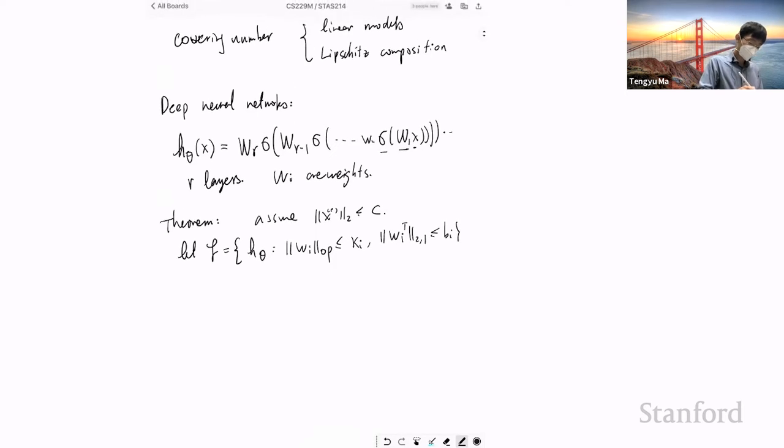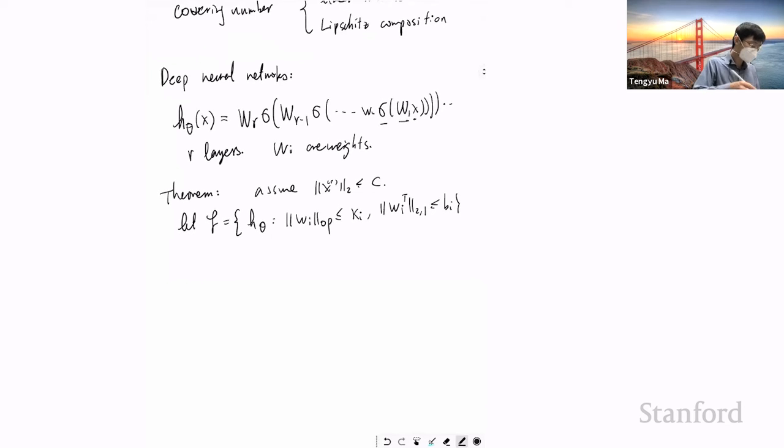Then the Rademacher complexity will be less than, up to a constant factor, C over square root n times the product of kappa i times the sum over i from 1 to R of a complex formula with exponent 2/3, which I will explain in a moment.